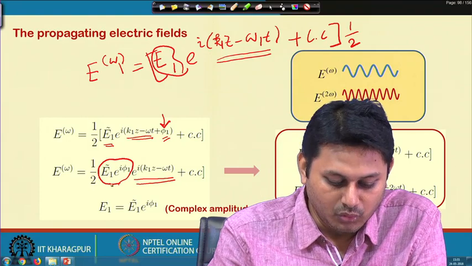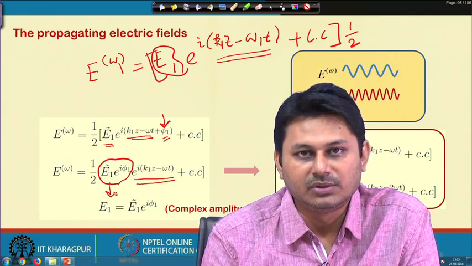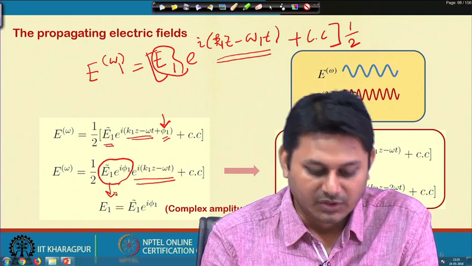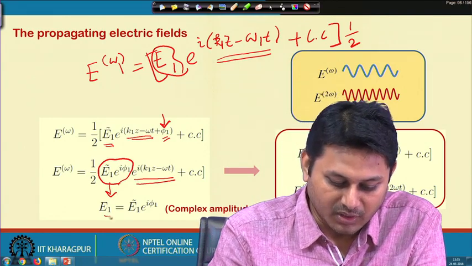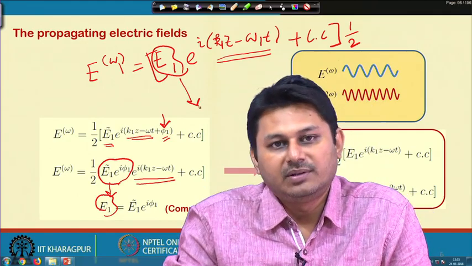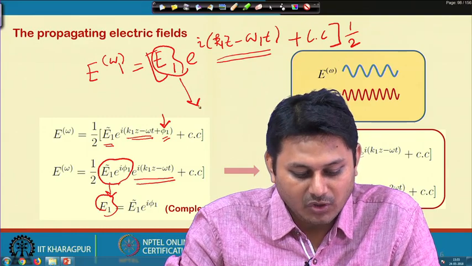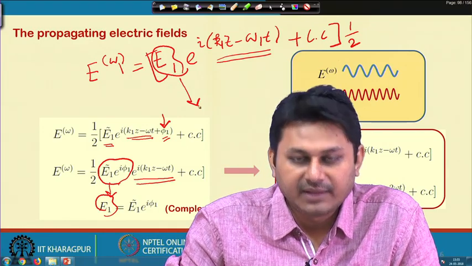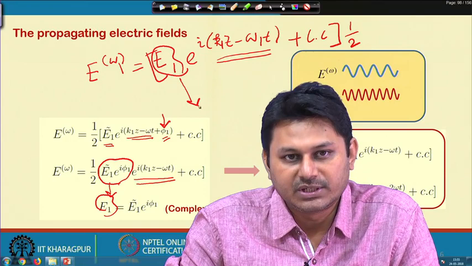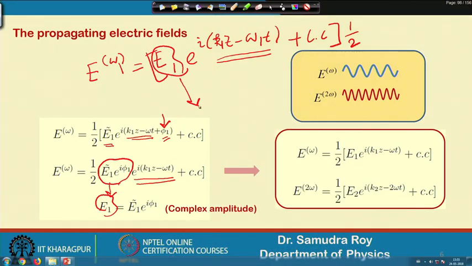So, if I do, then I can write E1 as E1 tilde e to the power of i phi 1. Now this is a complex quantity. Normally the concept is that amplitude is always a real quantity, but here we absorb the additional phase term to make it more general and find that the amplitude is now complex in nature.